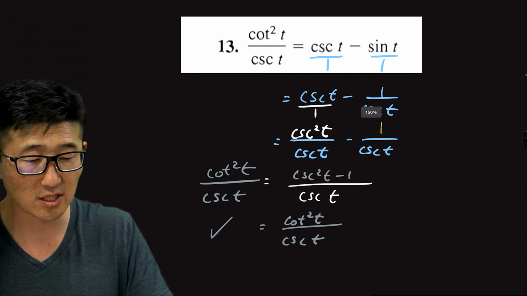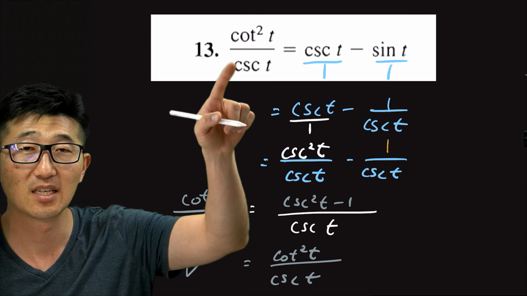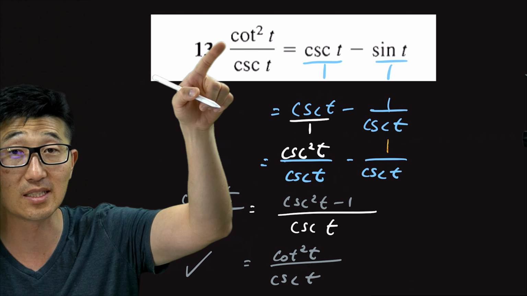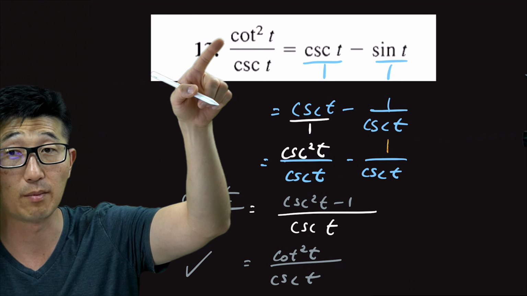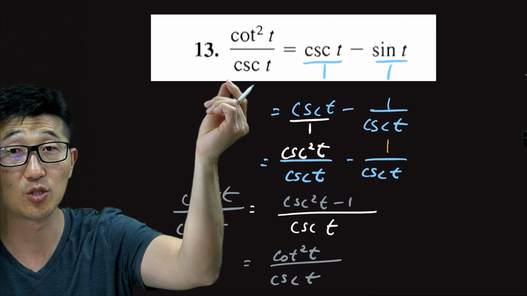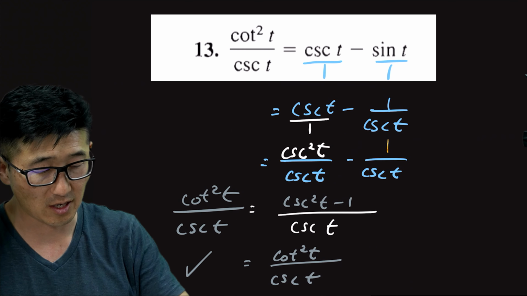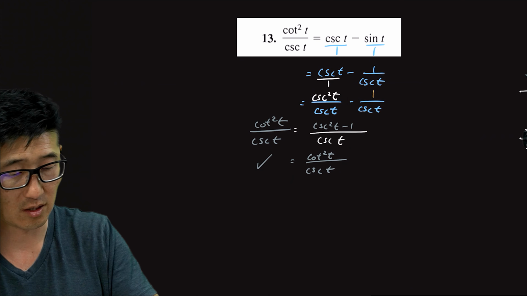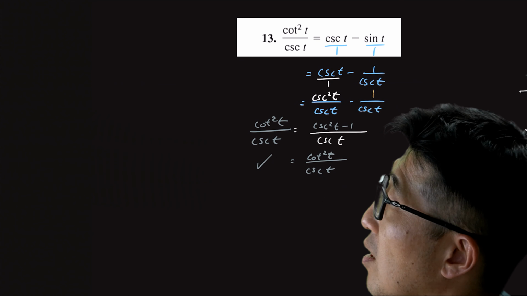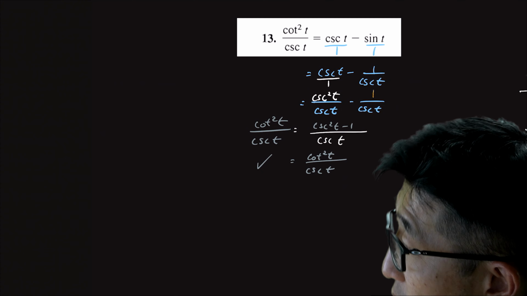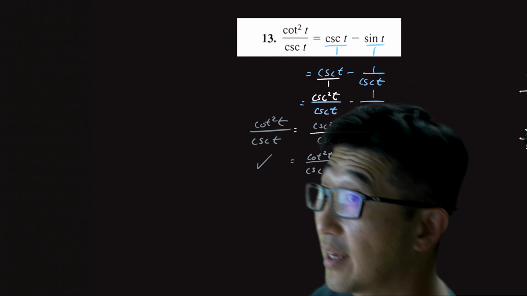So now I'm looking at this, I'm thinking, wait a second, I see the numerator, I can replace that with my identity and then split the fraction into two separate fractions. So watch this. Is it the cosecant squared minus 1? Yes.